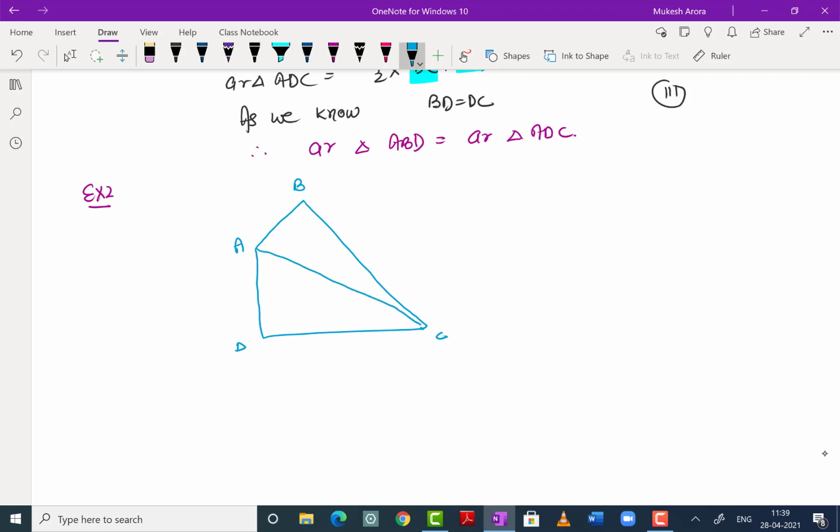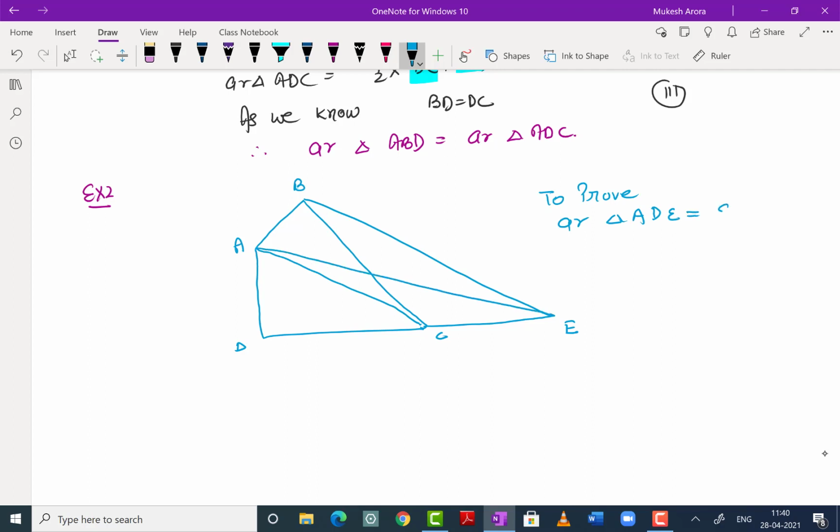There is a line AC, BE is parallel to AC, and this is extended to meet at E. To prove: area of triangle ADE is equal to area of quadrilateral ABCD. This line is parallel to this.